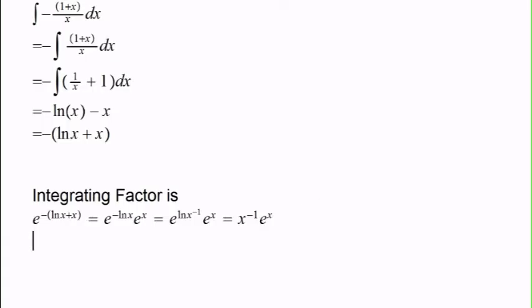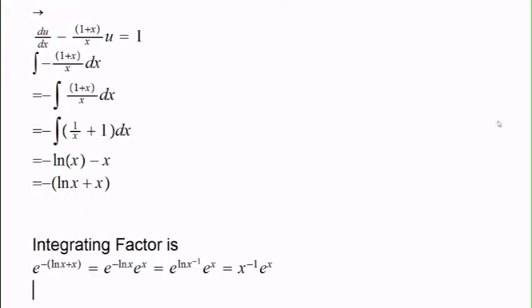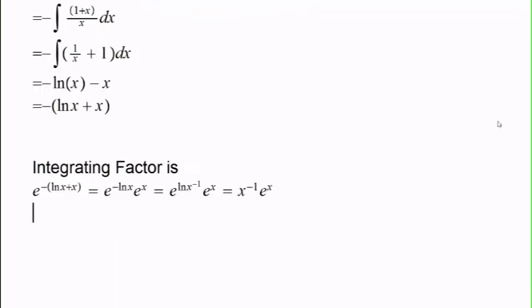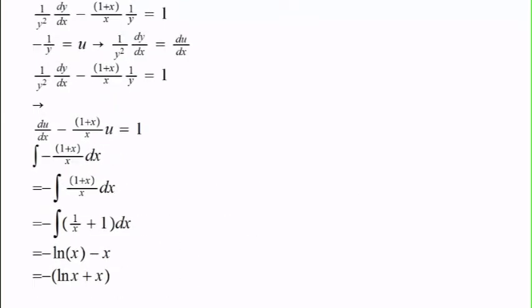So when we go ahead and write our solution, our solution will be this quantity times u equals the antiderivative of the integrating factor times what we had on the right hand side.